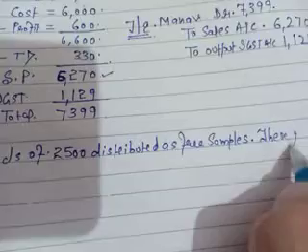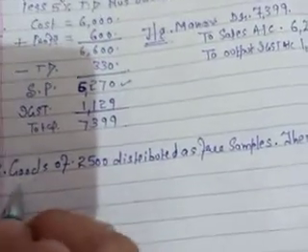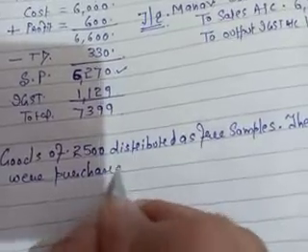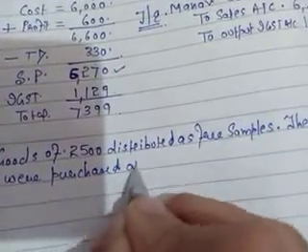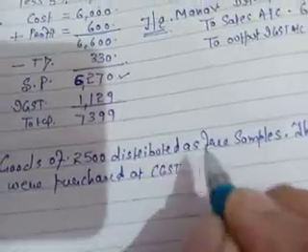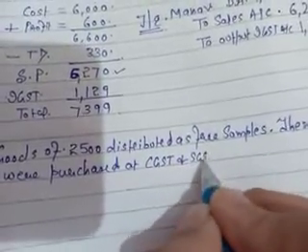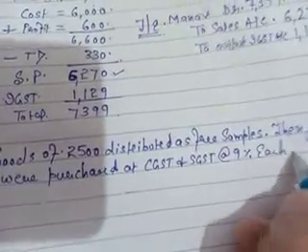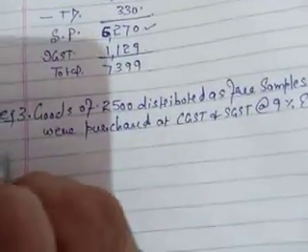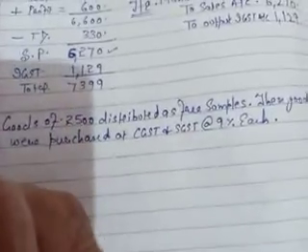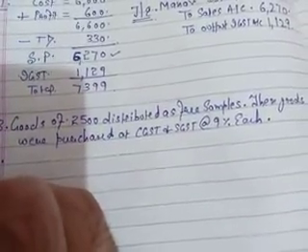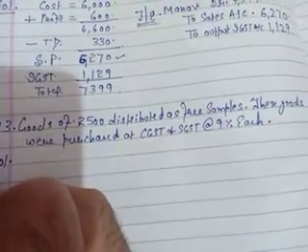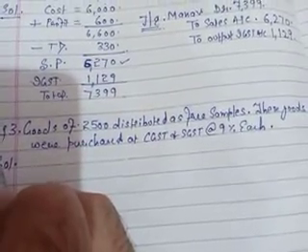These goods were purchased at CGST and SGST at the rate of 9% each.